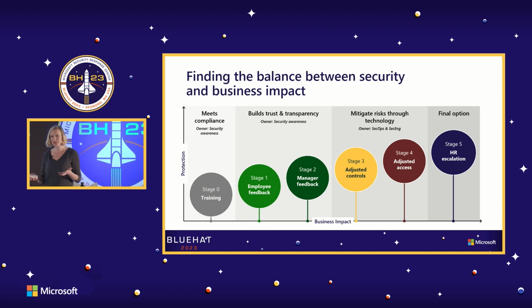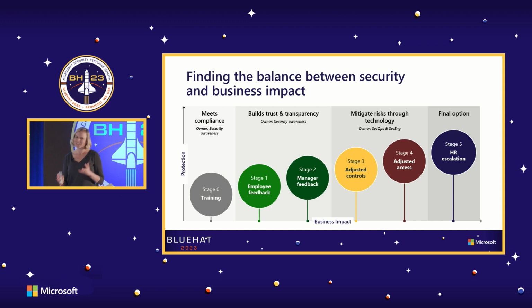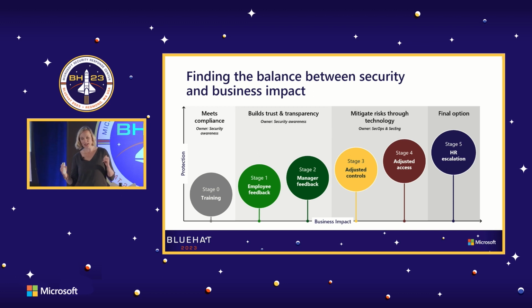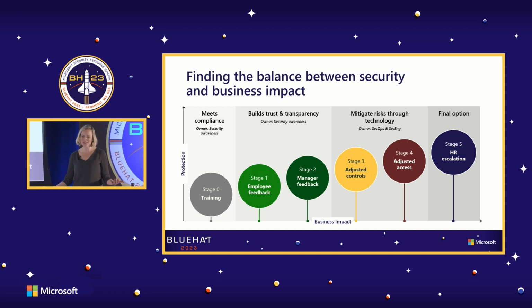You know, if security training had worked for our industry, it would have worked decades ago. It's minimally effective. As we move up this, we can see that we have a little bit more business impact. The stakes are a little bit higher, but so is the protection that we get in this. At the very end here, firing somebody is excellent protection from a security perspective, but also heavy business impact, right?